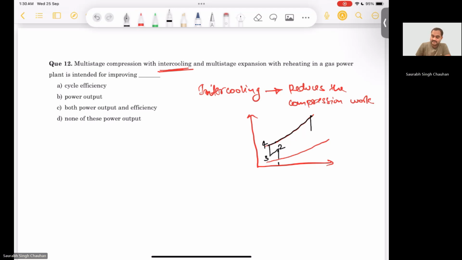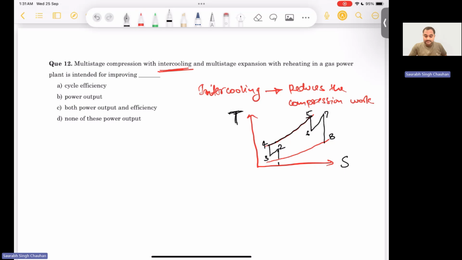Similarly, okay, so you can see that towards left, the gap between these constant pressure lines is less, and as you move towards right, the gap becomes wider.